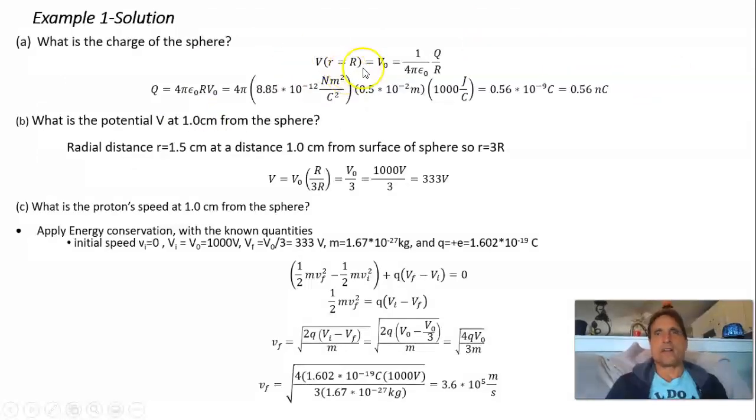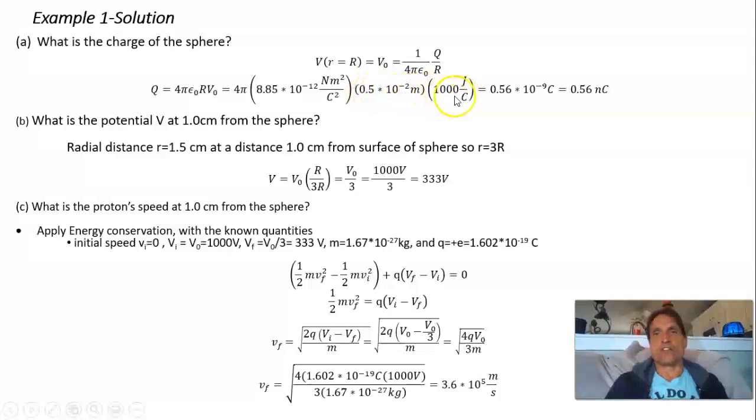Again, we use our equation here. We know that the voltage at the surface of the sphere is V0 because we charge it up to that, and that's equal to Q over 4 pi epsilon naught times big R. So we solve it for Q. We plug in that the radius is 1/2 centimeter, 0.5 centimeters.